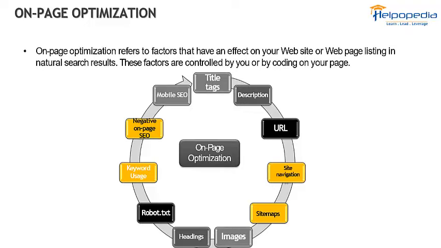If I open my website on a very small device like a mobile phone, it will look good and fit the screen. If I see it on a tablet, it will also look good and fit the screen. On a laptop or desktop, everywhere it will look the same, and it will not go out of the screen. So that is mobile SEO.